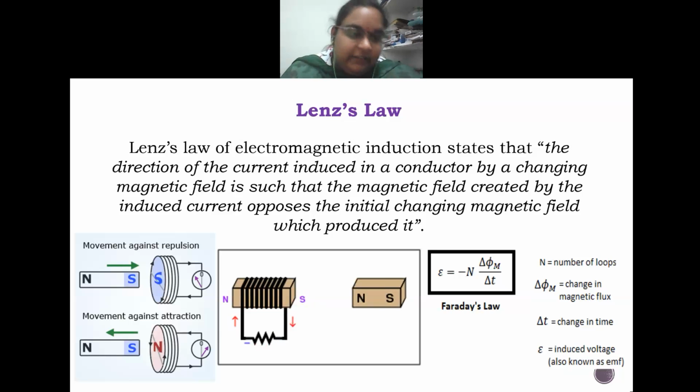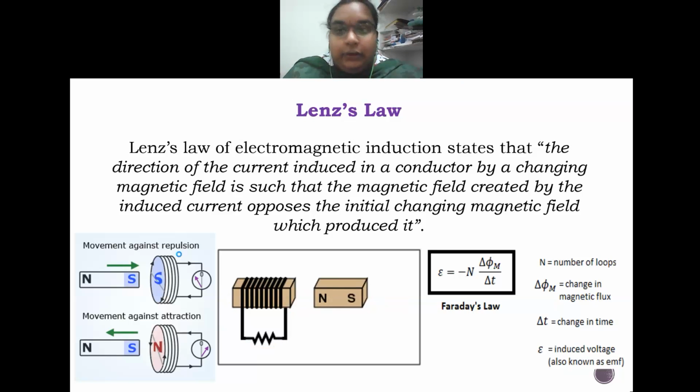When the south pole is near to the conductor, the conductor is acting again as a south pole, so that these two will be opposite.